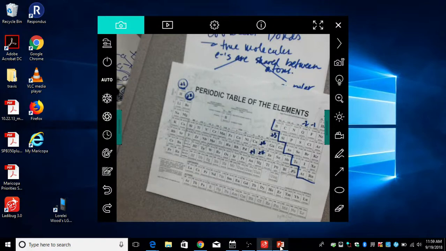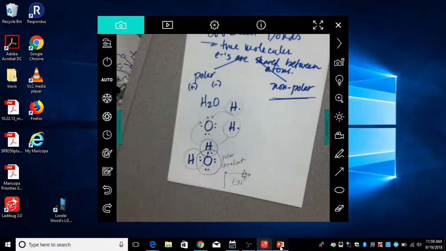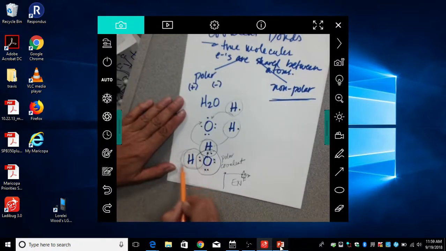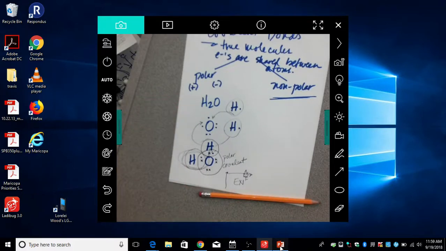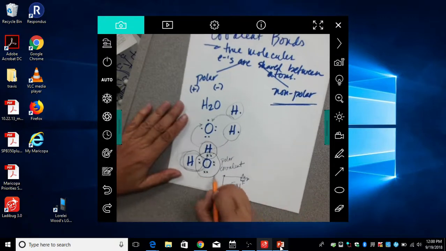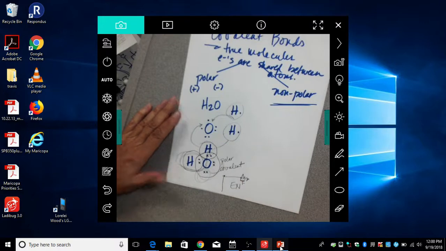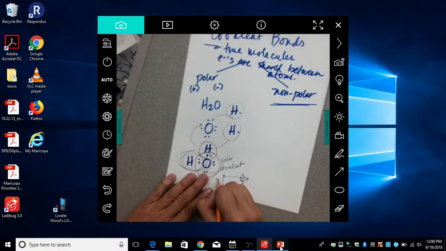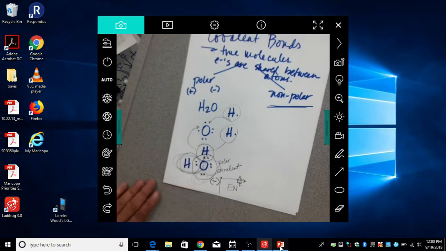It attracts and pulls on those shared electrons harder than hydrogen does. So in the bond between hydrogen and oxygen, oxygen is holding those electrons real tight right up next to it, and on the other side, hydrogen is holding them way out here because it's not as electronegative. What that means is it creates a polar molecule. This side of the molecule where the electrons are sticking out is kind of negatively charged, so you can put a negative in parentheses around it.